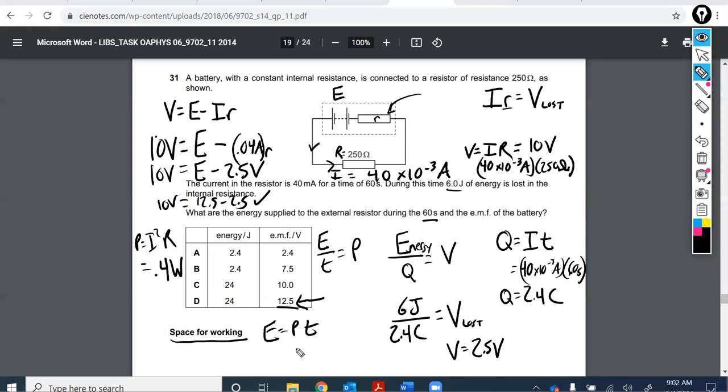And so now I know what the power is, 0.4 watts. If you multiply that by 60 seconds, watt seconds are joules. So 0.4 times 60 is sure enough 24 joules. Confirming choice D is the correct answer to this. This has been a fun puzzle that we've got to solve together. We'll see you next time.